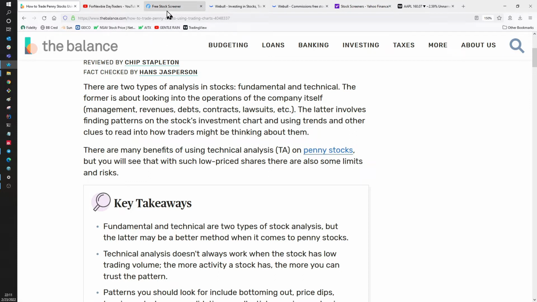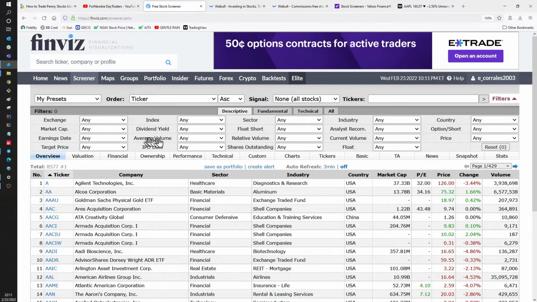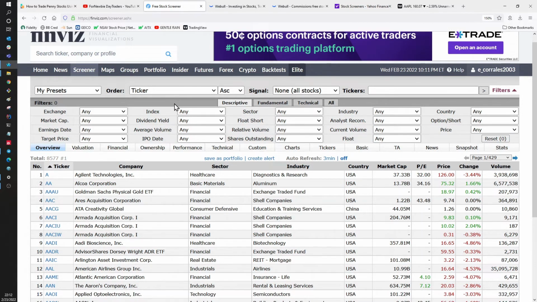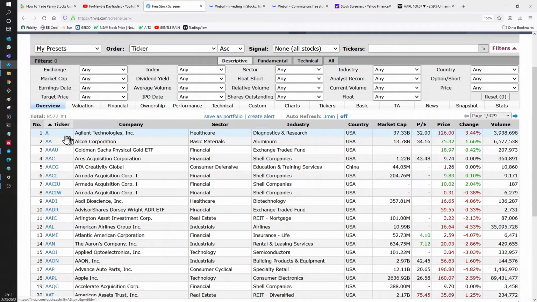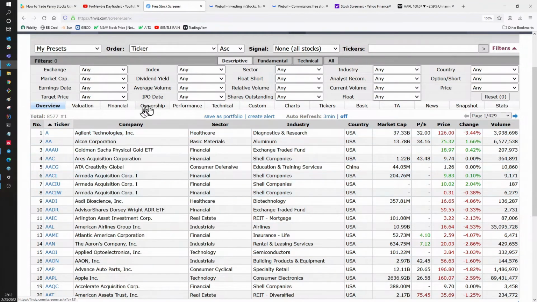So we first began with FinViz, and we looked at using the relative volume, current volume, and price because we're doing penny stocks. And one of the things I did like about it is that you can hover over these stocks and get a very quick chart.